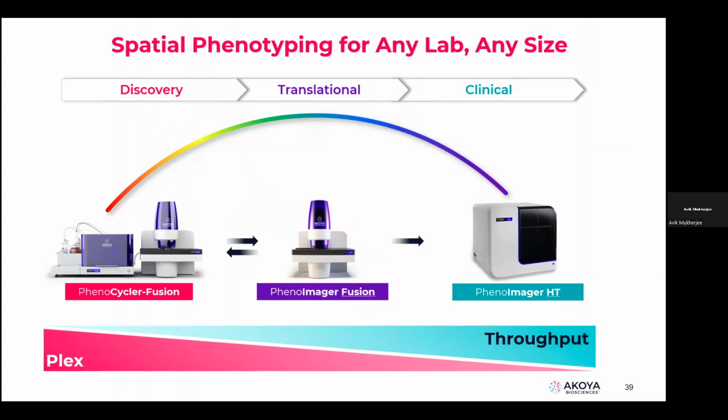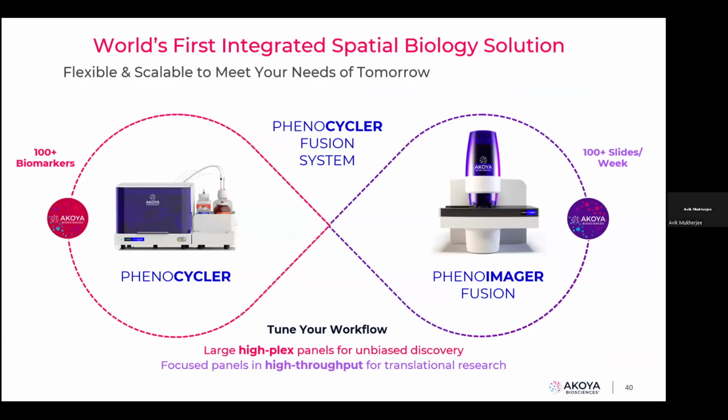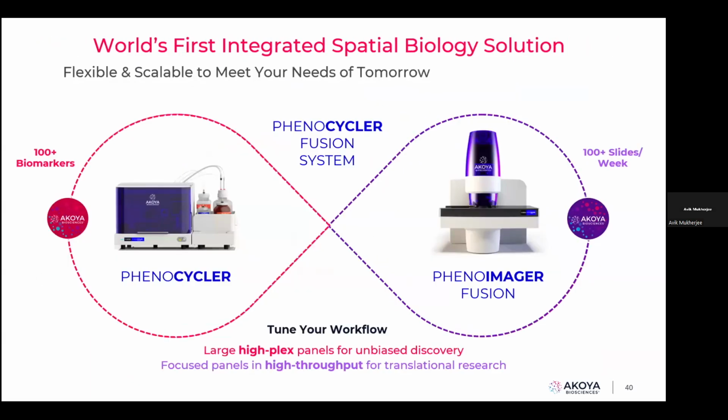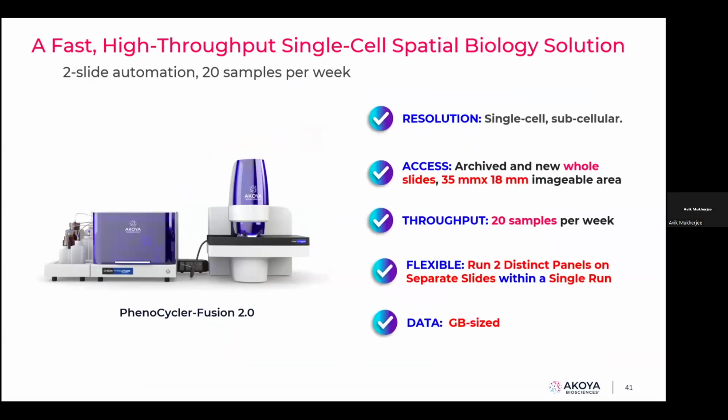That means 6 markers and DAPI, and you can do 300 slides per week. Whereas here you can look at hundreds of markers and do a throughput of 20 plus slide samples per week. So with PhenoCycler-Fusion, you get the advantage of both, where you can do 100 plus biomarkers, also 100 plus slides per week. And we are going to talk about how you do that.